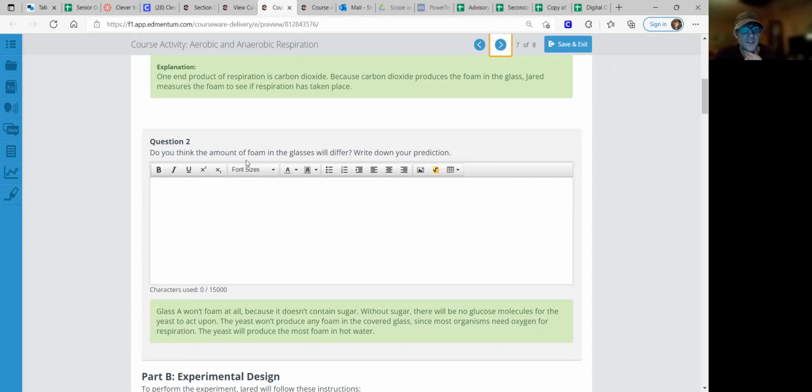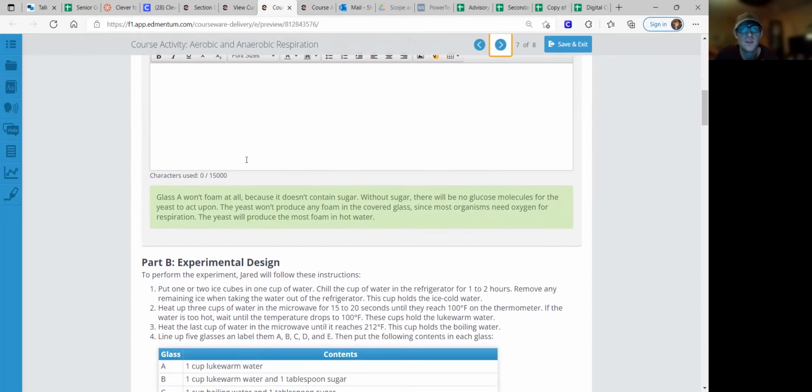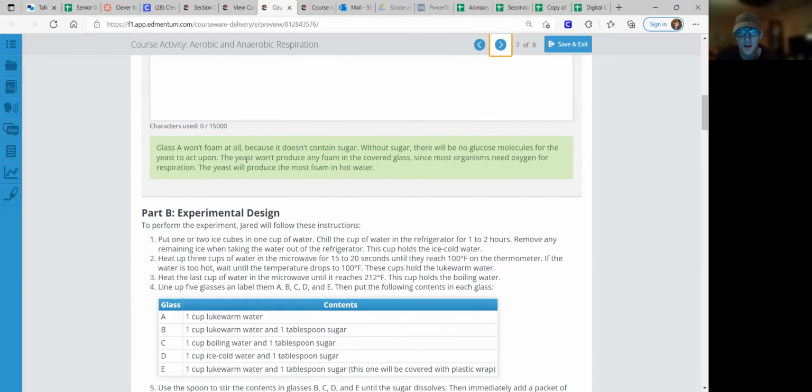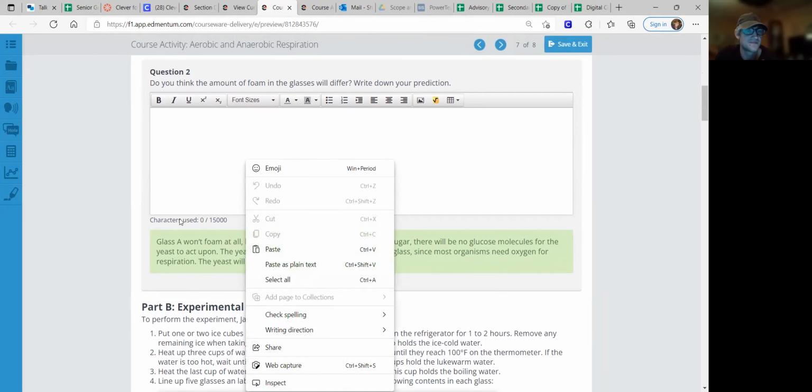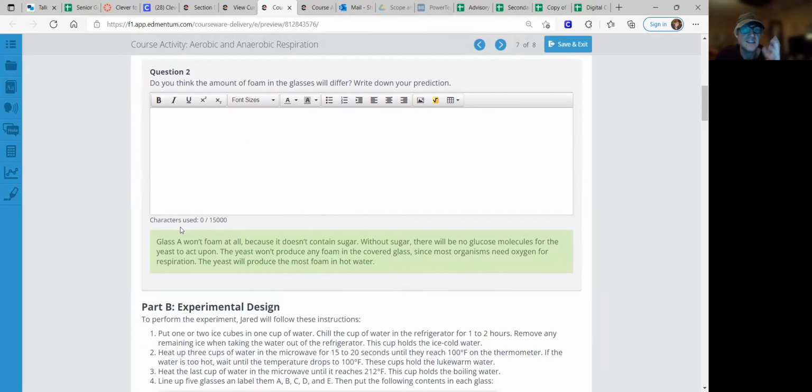The yeast won't produce any foam in the covered glass since most organisms need oxygen for respiration. The yeast will produce the most foam in hot water. That is the example prediction here. So you need sugar, you need glucose, you need oxygen for respiration and fermentation to take place.